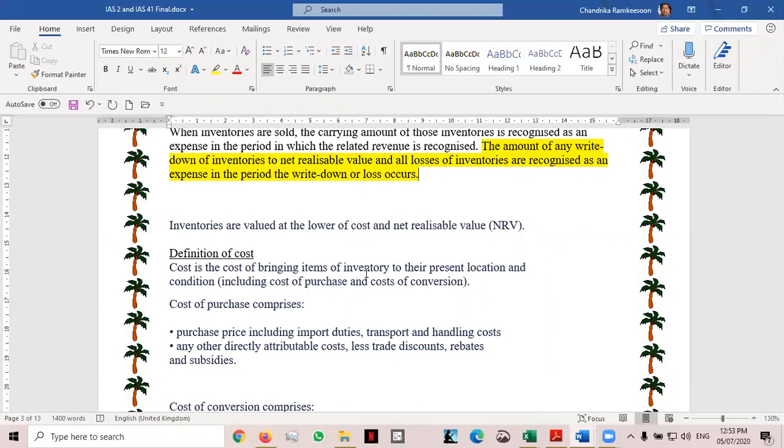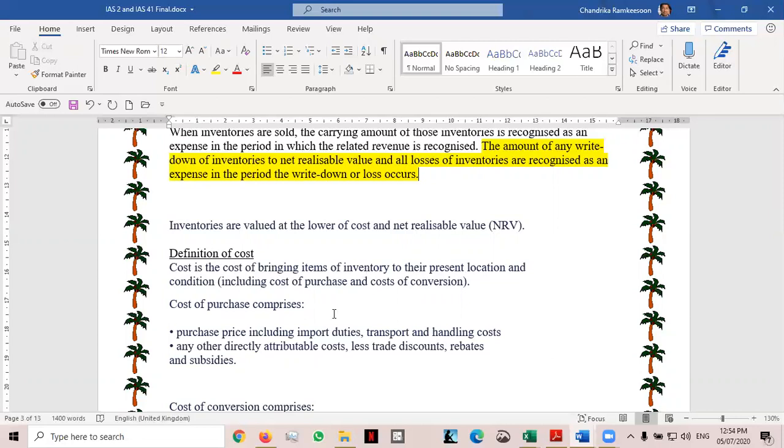As we saw just now, mentioned briefly, cost is the cost of bringing items of inventory to their present location and condition, including any purchase cost and conversion cost. Let's assume it's raw materials, which were initially bought, and the raw material is obviously worked upon and completed, and now we've got them being transitioned from raw materials to finished goods.